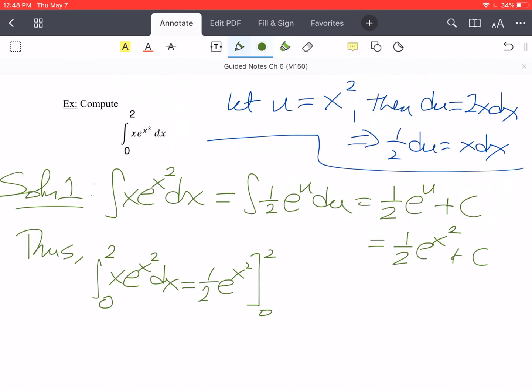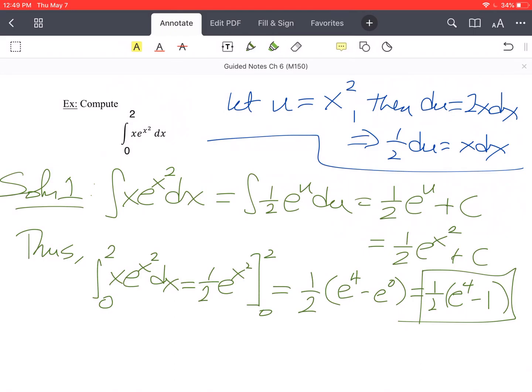You don't need to include the plus c because you never do on a definite integral, but you can if you want. So this gives us 1/2 e to the 2 squared, so e to the 4, minus e to the 0 squared, so e to the 0. So we get 1/2 (e to the 4th minus 1), because that's what e to the 0 is.